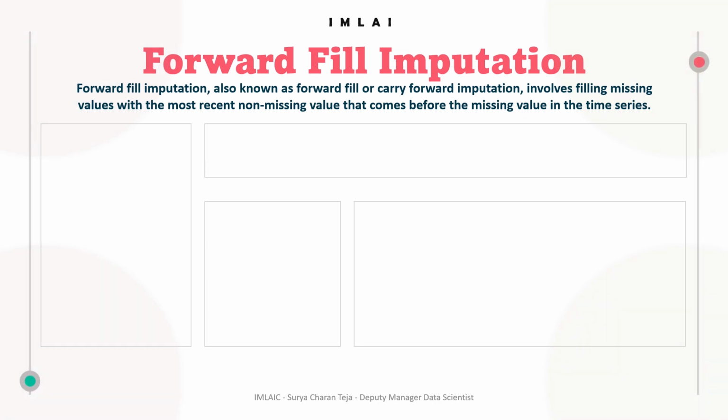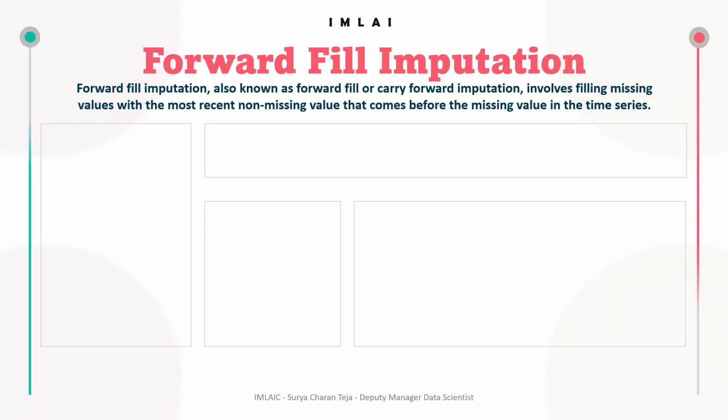This method assumes that the value from the previous time point is a good approximation for the missing value. The main condition is that the immediately preceding value should not be a missing value. If that is also missing, then how can you do that? It should be an actual value. You have to fill the missing value with the immediate non-missing preceding value. That's what is called forward fill imputation.